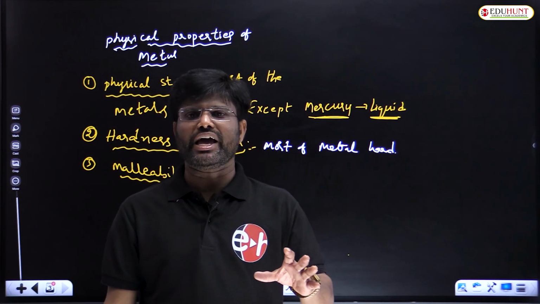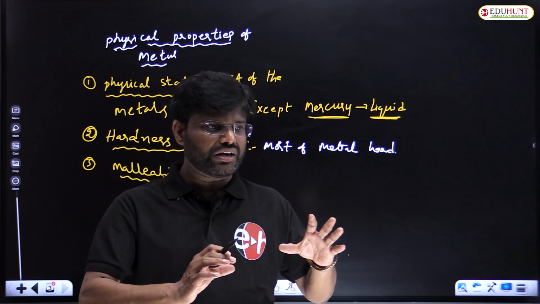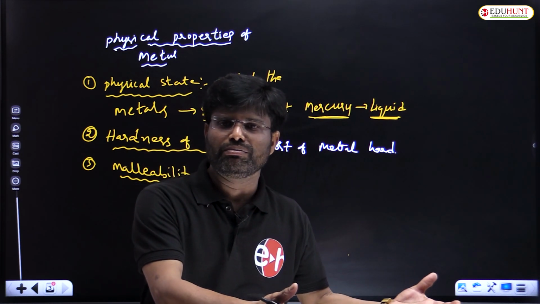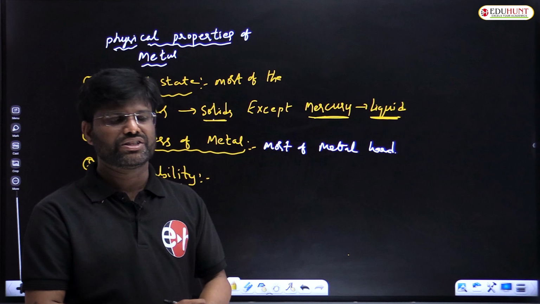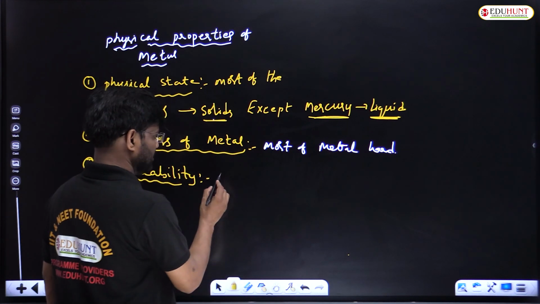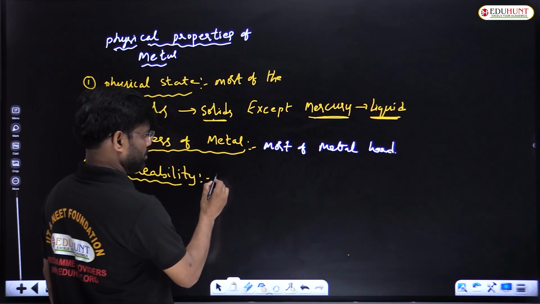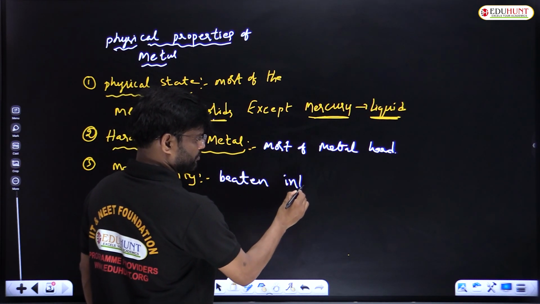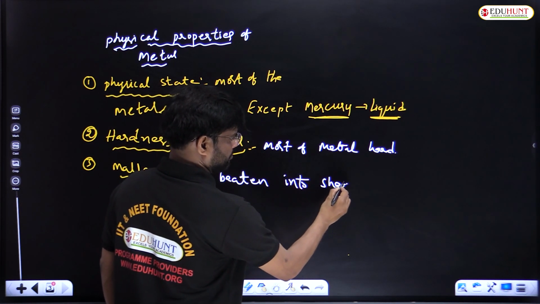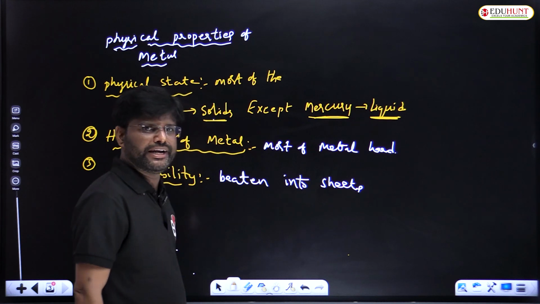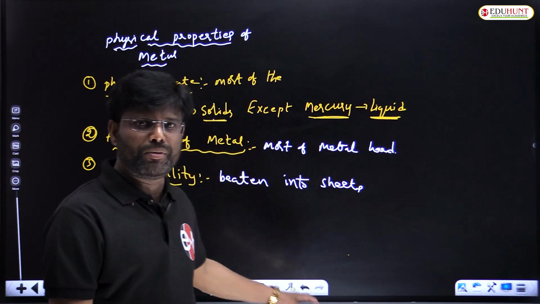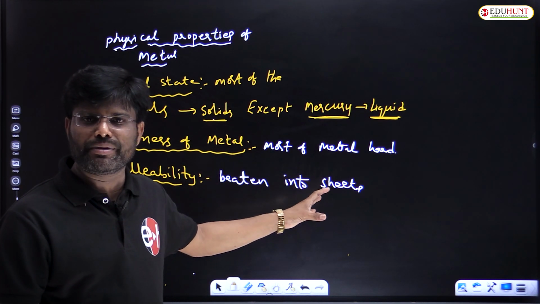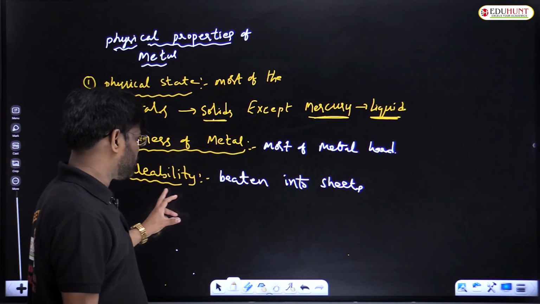If you use the hammer, metals can be converted into metallic sheets. That is called malleability.